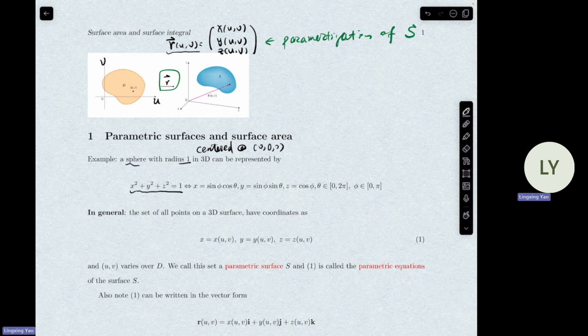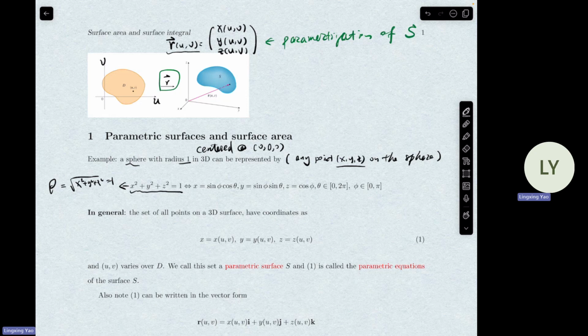Any point x, y, z on the sphere has the relationship x squared plus y squared plus z squared equals 1. If we think about spherical coordinates, this means rho, which is the square root of x squared plus y squared plus z squared, is going to be 1.